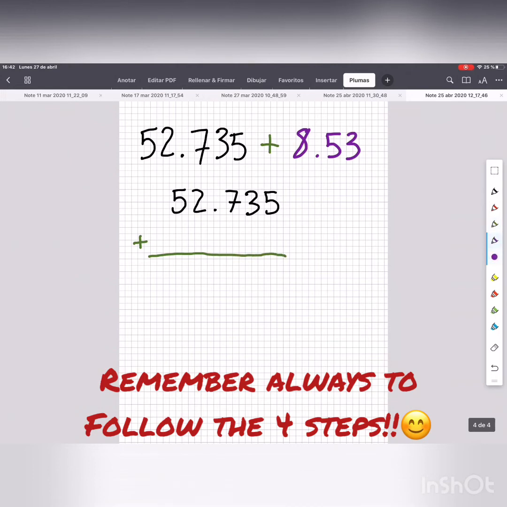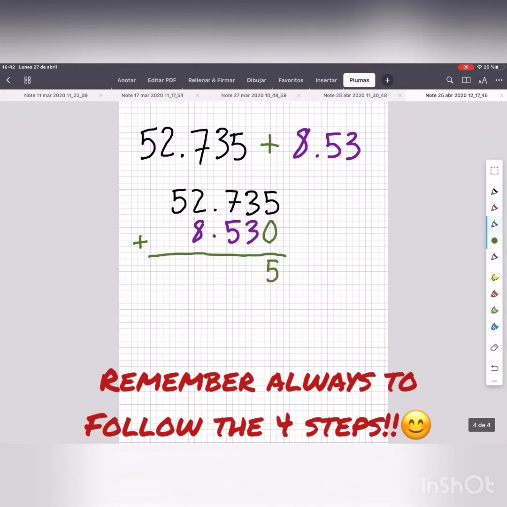And also, we will complete where there are not any numbers with a 0 to make it much clearer. Now we can start adding.